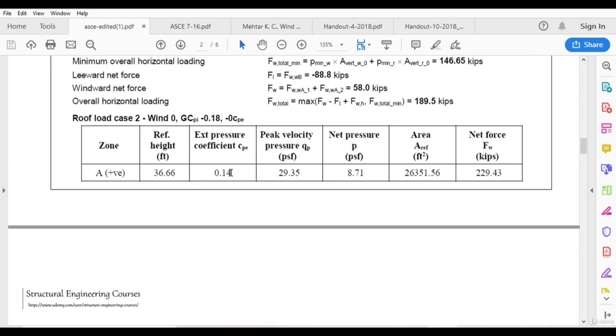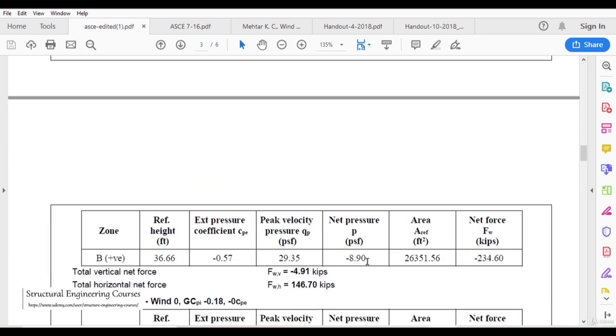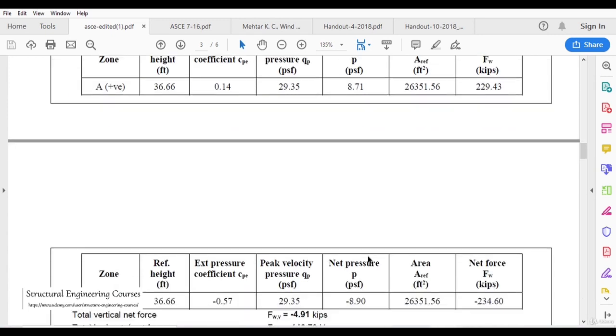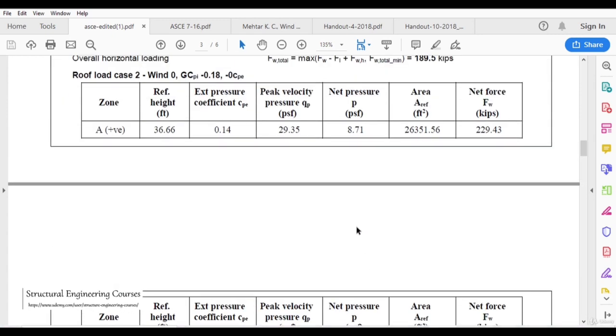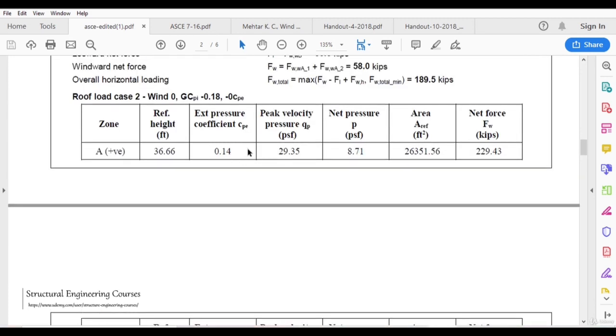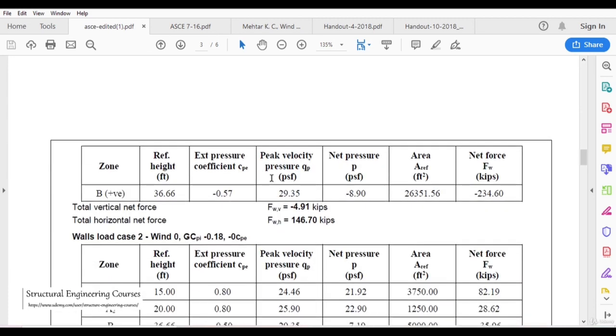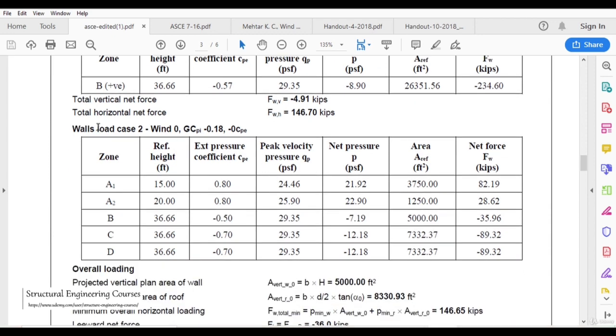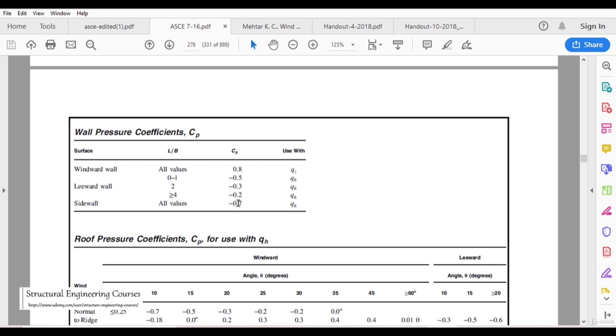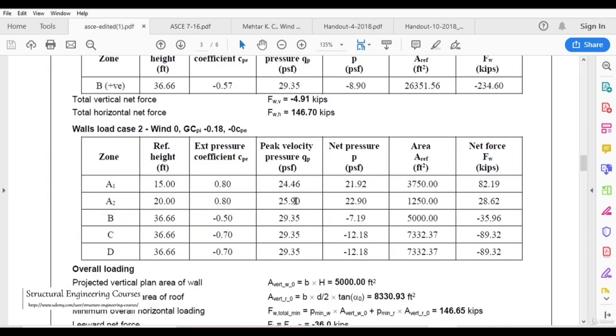So all the pressure coefficients are the same, but the net pressure is different. So for roof load case 2, we had already calculated plus 0.14 and minus 0.57, and for walls we can again refer to 0.8 and minus 0.7 for side walls, plus 0.8 for windward wall, and for leeward face we can refer to it as minus 0.5.